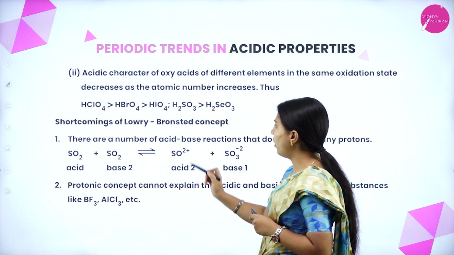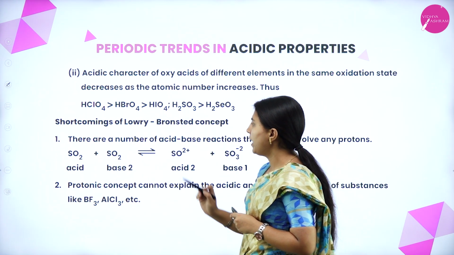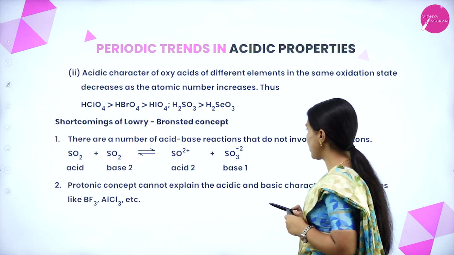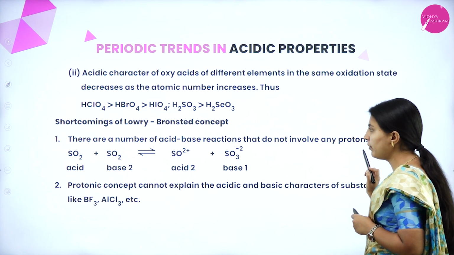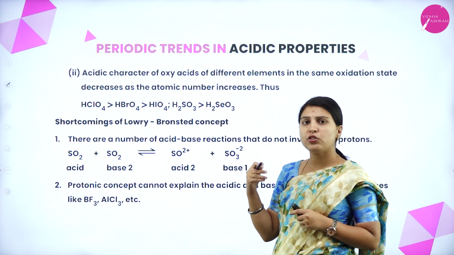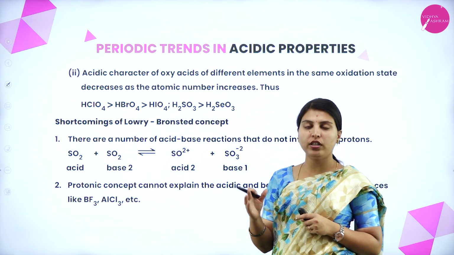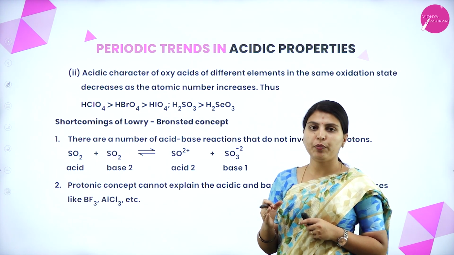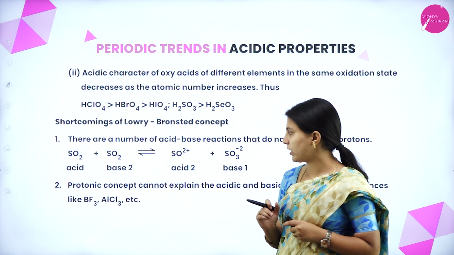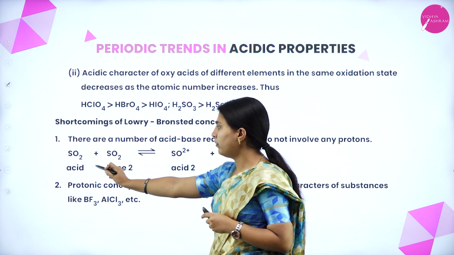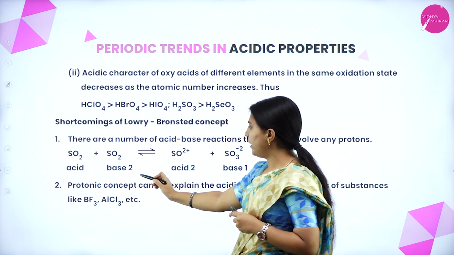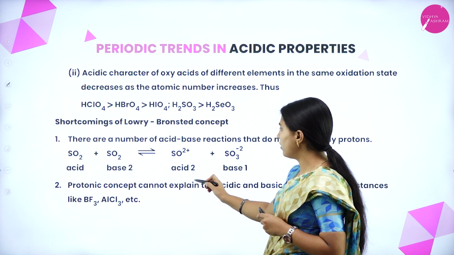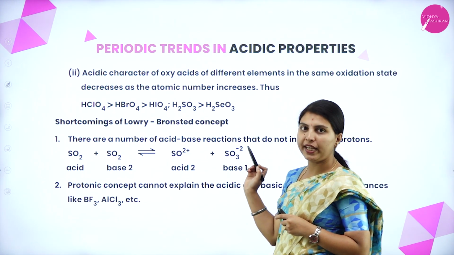And shortcomings of the Lowry-Bronsted concept: there are a number of acid-base reactions that do not involve any protons. There are so many reactions that do not involve any proton, but still show acidic character. Here, see, no proton but also acid, and here base; it is forming an acid and also a base.